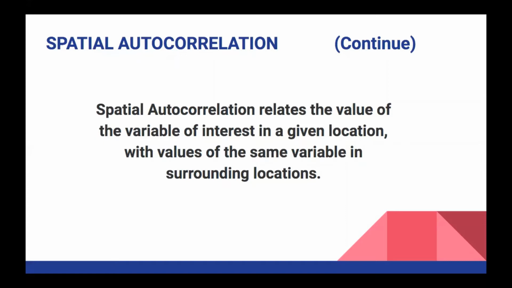The data we have in Nigeria, how related is it with our neighboring countries? Does it have any correlation? Those are the questions that spatial autocorrelation will help us to answer.